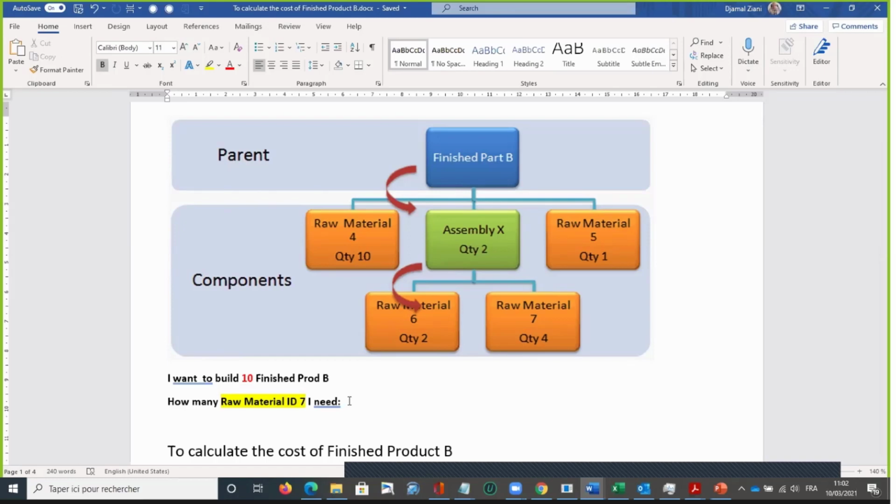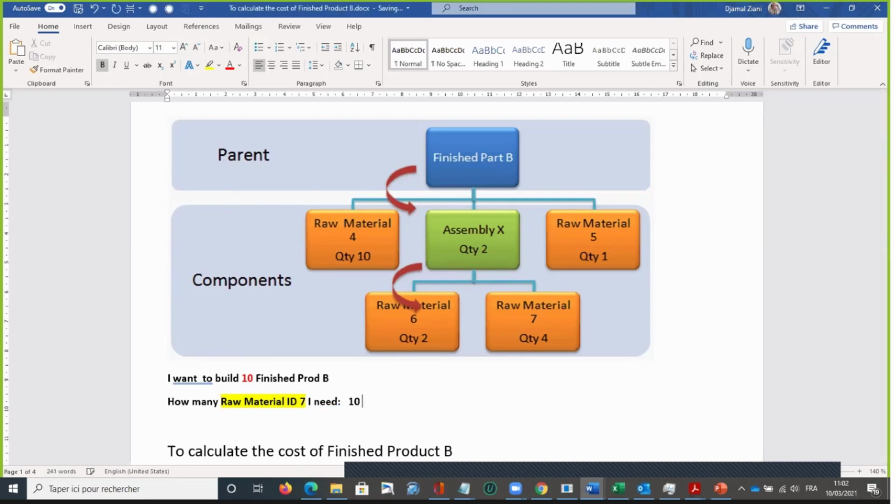No one? I think that is not correct. You missed something. What you missed is the intermediate things, the assembly.